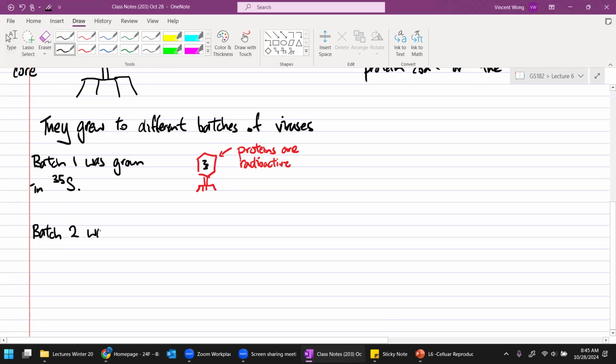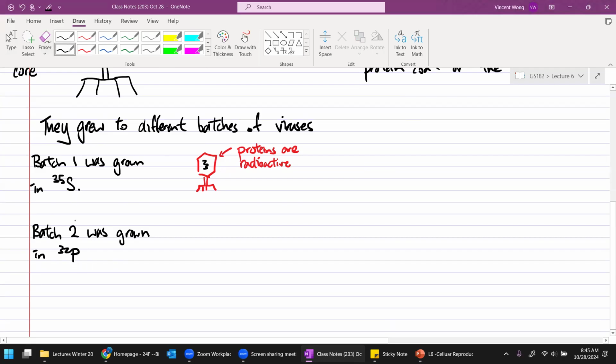Batch 2 was grown in... Can you give me an atom to label? Something that's only found in DNA, but not protein. Phosphorus, excellent. Okay, so it's going to be grown in phosphorus 32.